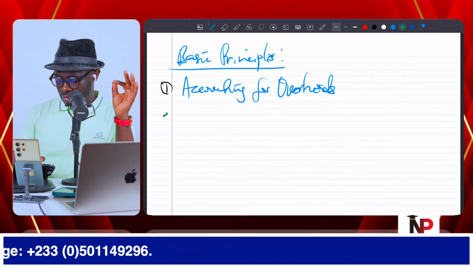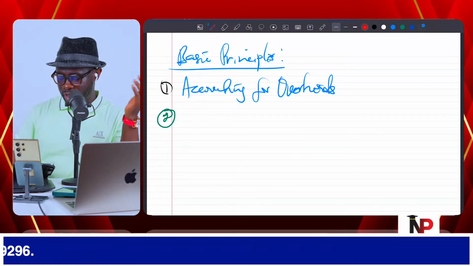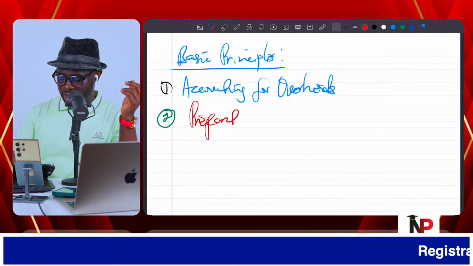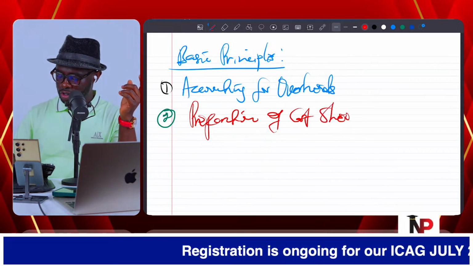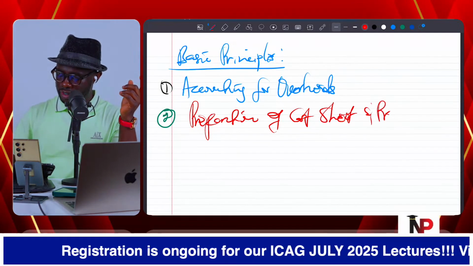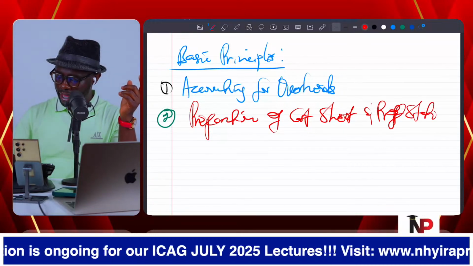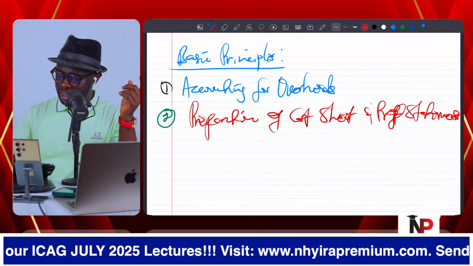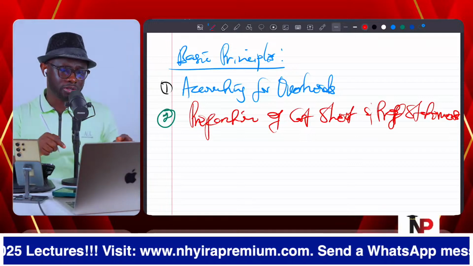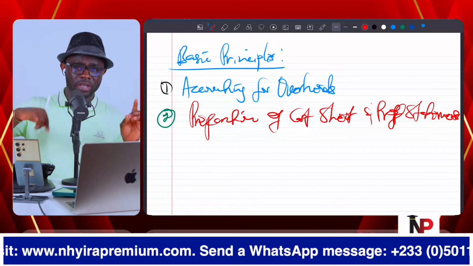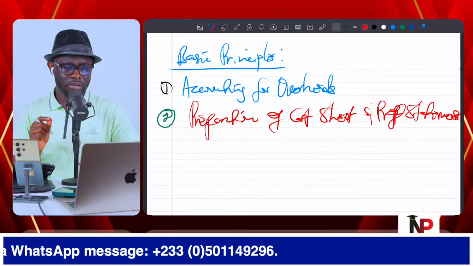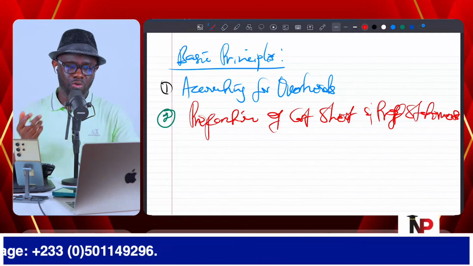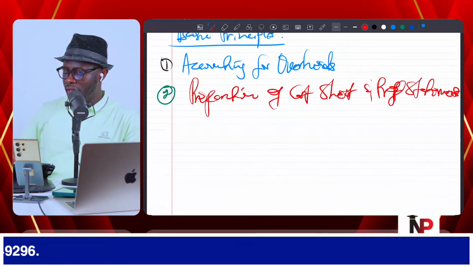Number 2 is the preparation of the cost sheet and the cost card as well as the profit statement. Again, you will not find these in your management accounting syllabus, but they are things you are expected to know before you get excited into the management accounting level 2 discussions. Why is this important?